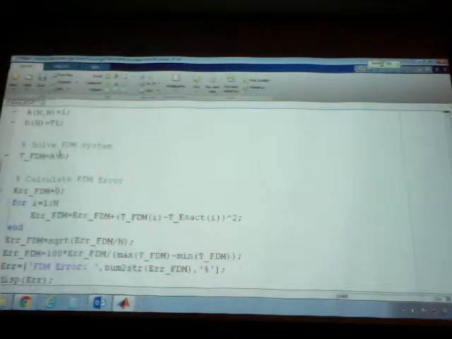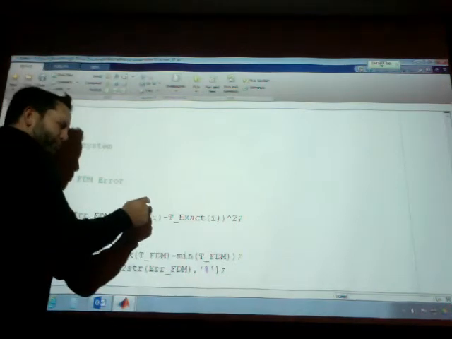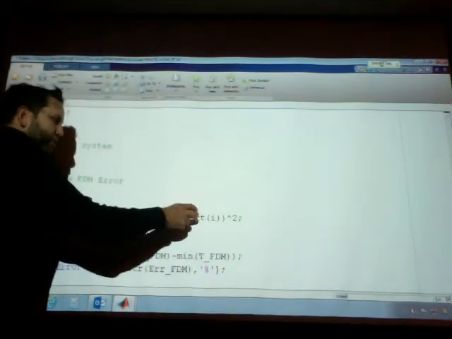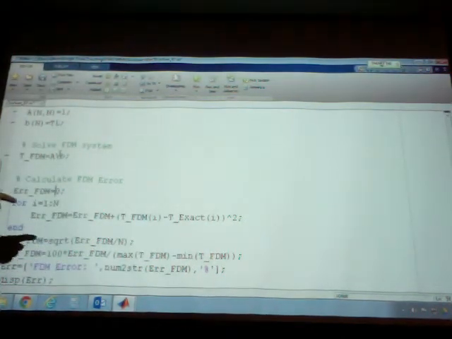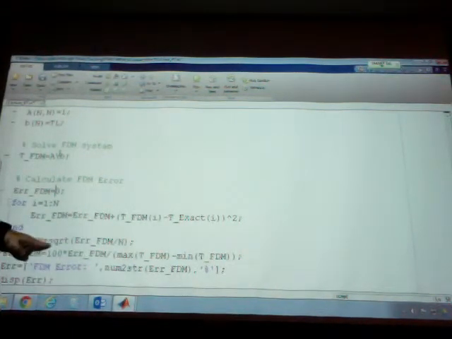All right. So now we need to calculate the error of the FDM solution with respect to the exact solution. And the way I'm calculating the error here is exactly the same way you need to calculate the error on the project. On the project, I ask you to do the sum of the differences squared, divide that by n, and take the square root.